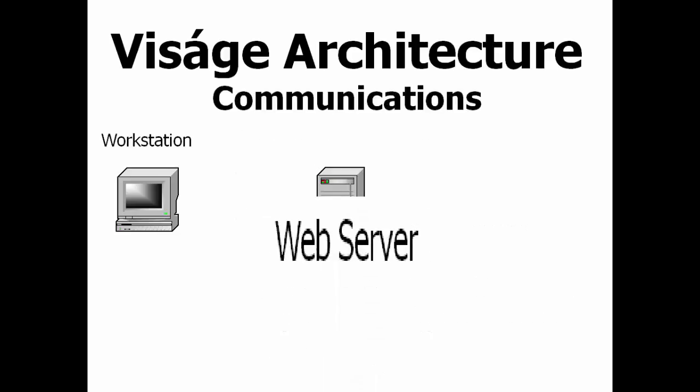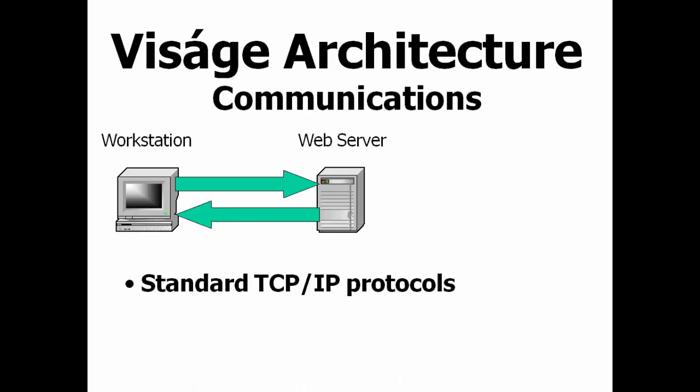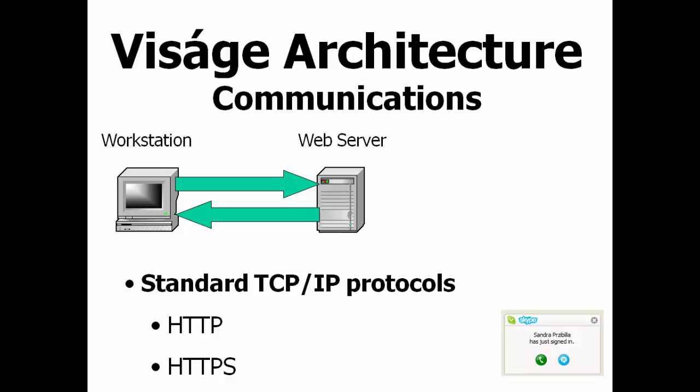In terms of communications between the workstation and the web server, that's just using standard TCP/IP. So it can operate over HTTP, which is Hypertext Transfer Protocol, and it can also use HTTPS, which is the secure version of that, so it has encryption and so forth for those communications.